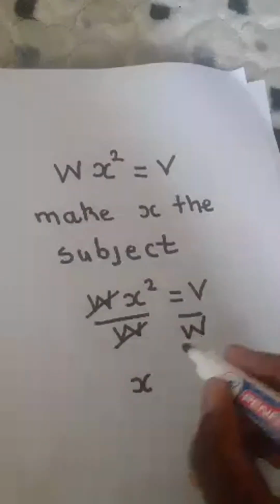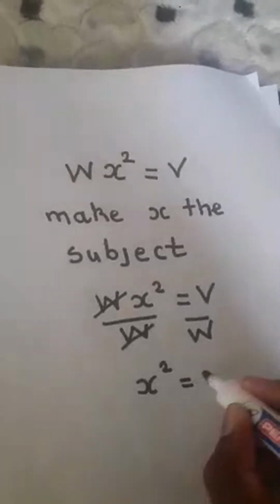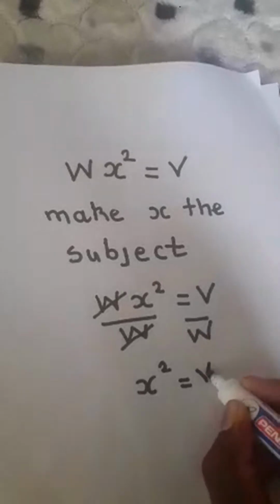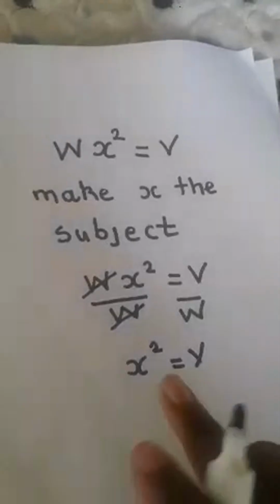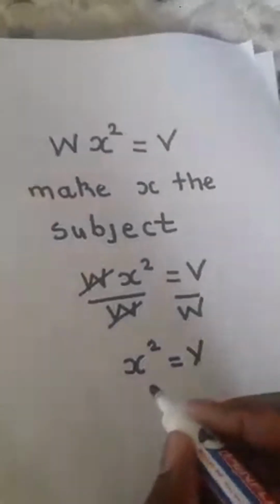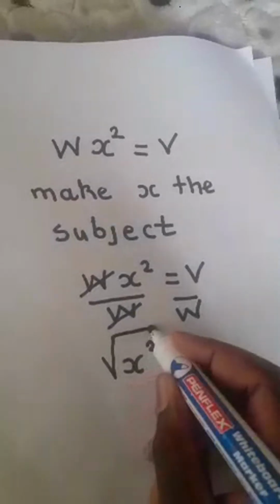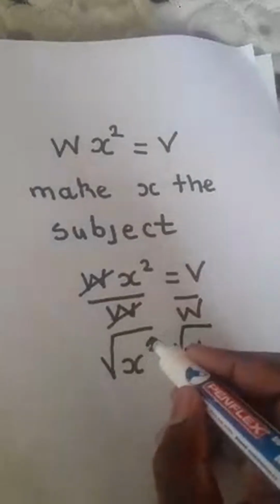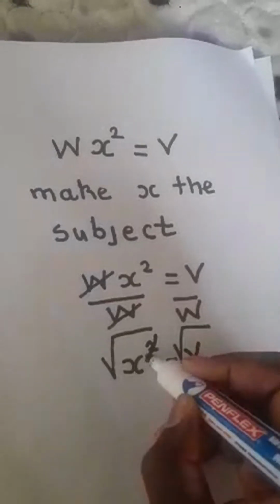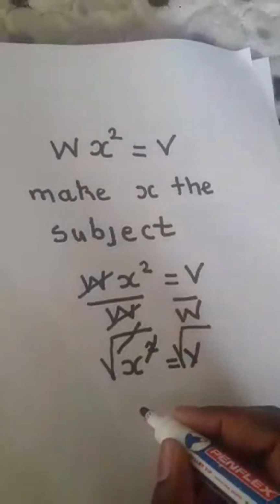x squared is equal to v over w. Okay. So I want to make x the subject of the formula. So we are going to square root both sides, guys. So this power 2 is going to cancel our square root, right?